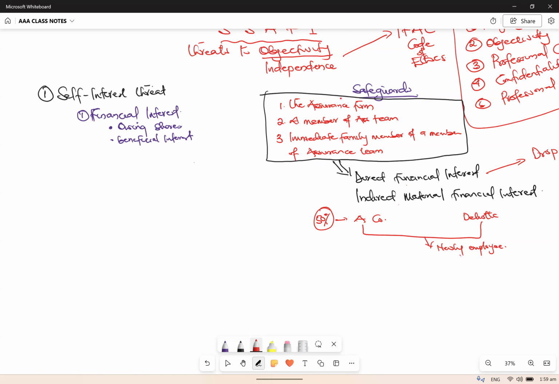So would that create financial interest threats? Yeah, I think not. It will not create financial interest because definitely somebody who has just been employed may not be the one leading the audit.